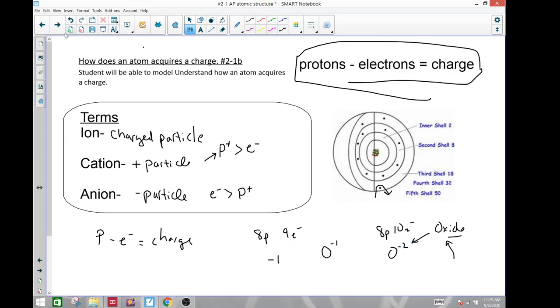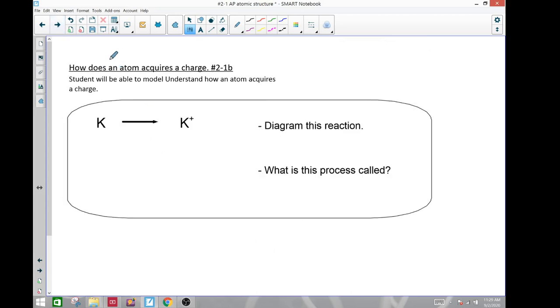Okay, so next up here it says, well, how does an atom actually become charged? So let's look at this here. Potassium's most common charge is +1. So sometimes I'll diagram this out by saying, okay, what do we have for potassium?